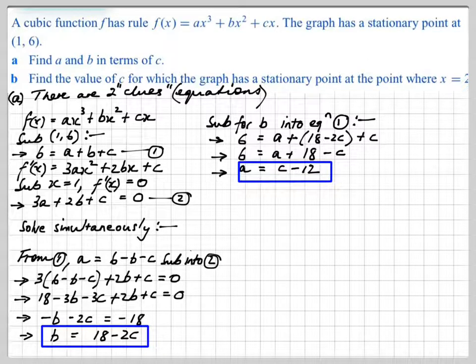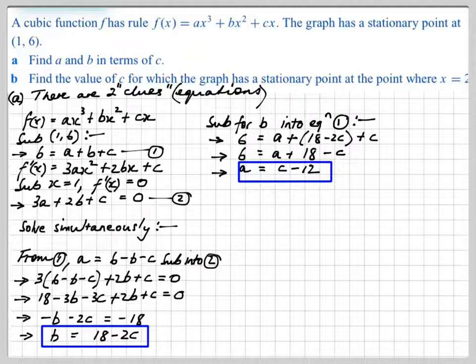So that's it. Now we've got to do question B. So what have we got to do there? We've got to find the value of C for which the graph has a stationary point when x is 2. I think I can do that.